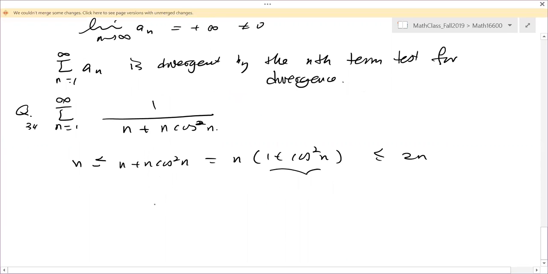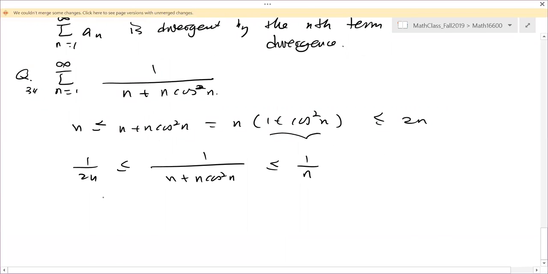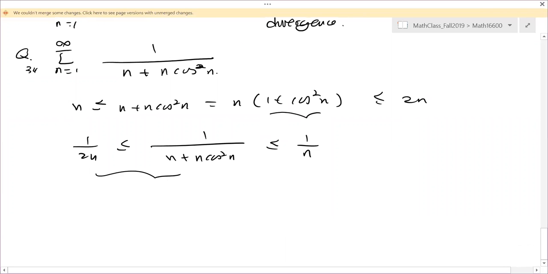If it's in the denominator, this is less than or equal to 1 over n and greater than or equal to 1 over 2n. It's bounded by the harmonic series, and you know the harmonic series is divergent. So clearly it's divergent. I probably just need this part.